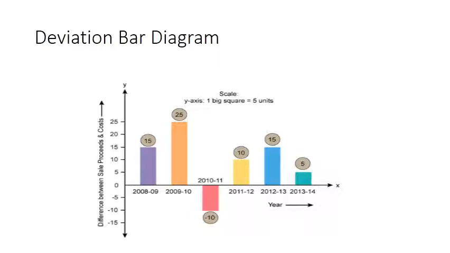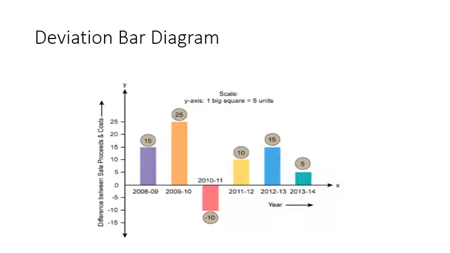In 2011 and 12 there has been an increase of 10 units, and 2012 and 13 an increase of 15 units, and 2013 and 14 there has been an increase of 5 units in sale proceeds.